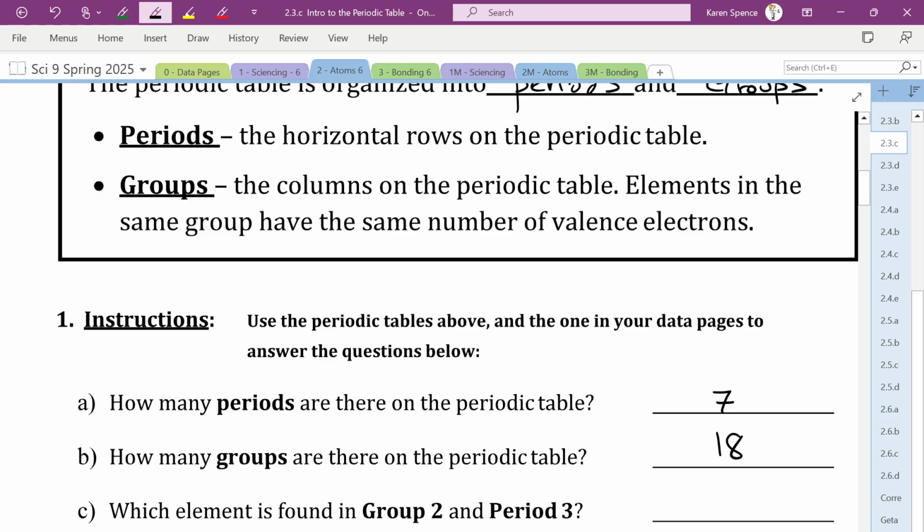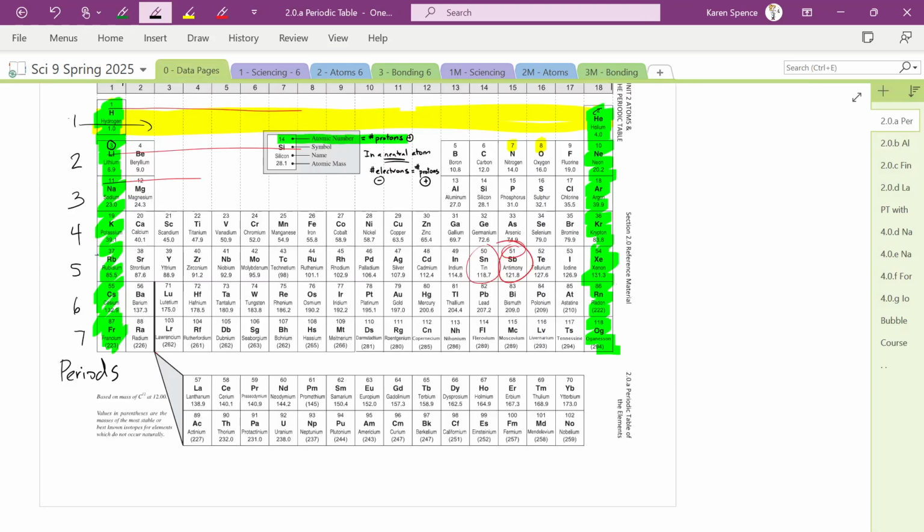And now you get to play a little game on your periodic table. You get to go look on your periodic table and find which element is in group 2 and period 3. Group 2 and period 3.